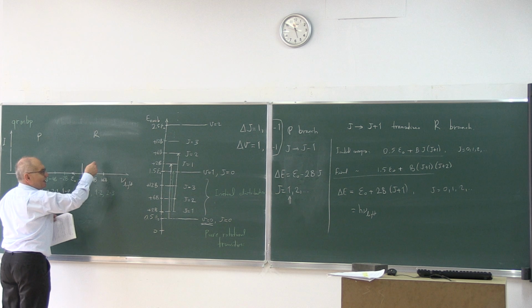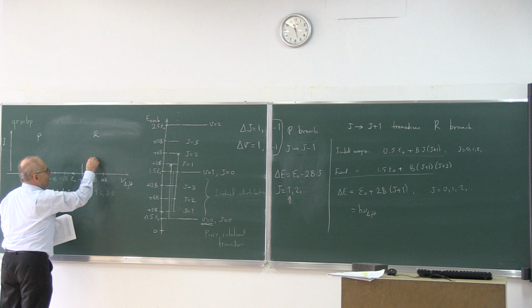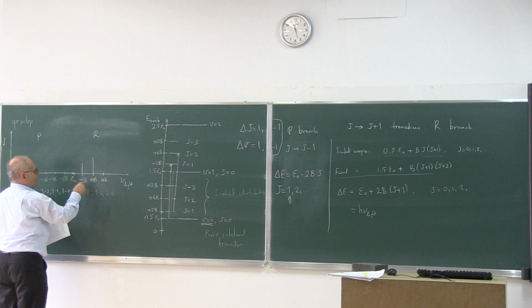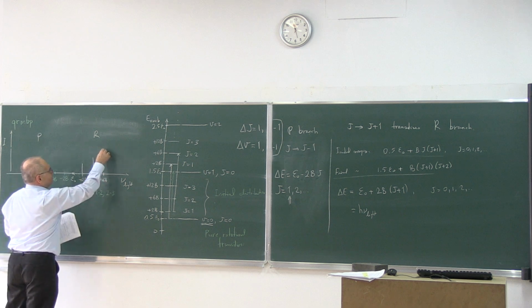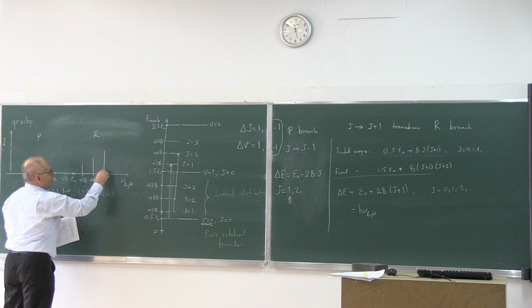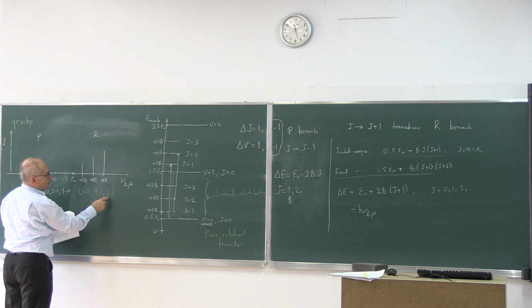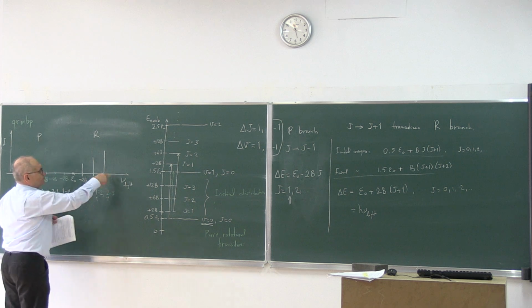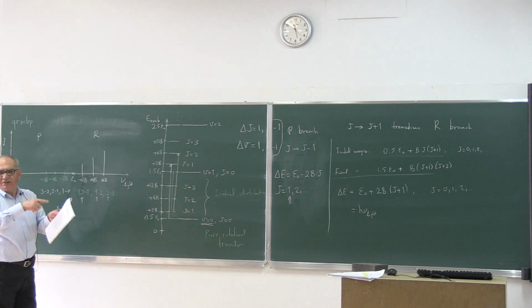In our calculation, this was larger than the J equals 0 population. Then this one was even larger. This height is proportional to the population of J equals 2. This is the initial. I'm not going to draw the remaining, but you may see it from the notes.